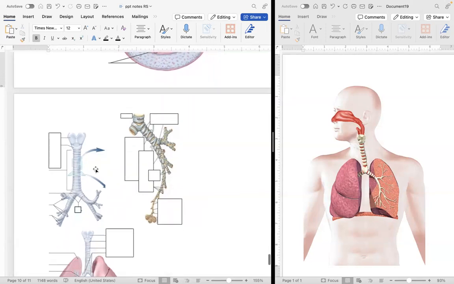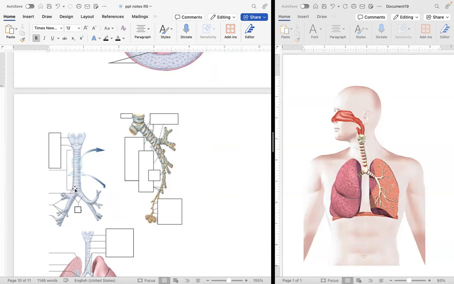So the trachea here, we can see this part here, branches into the right and the left bronchi, where, as we can see, this right one is more vertical and has a deeper, steeper angle.